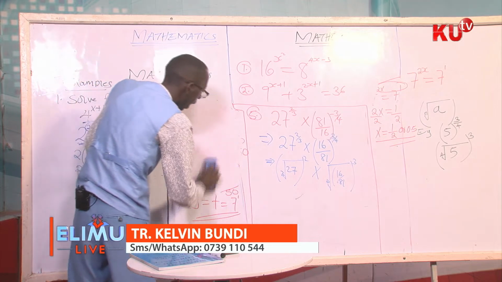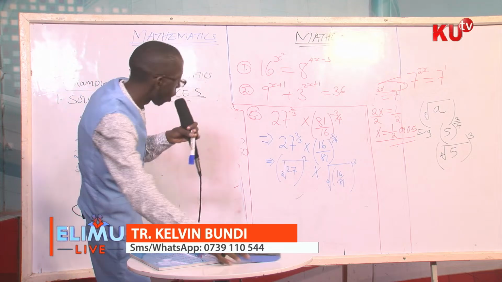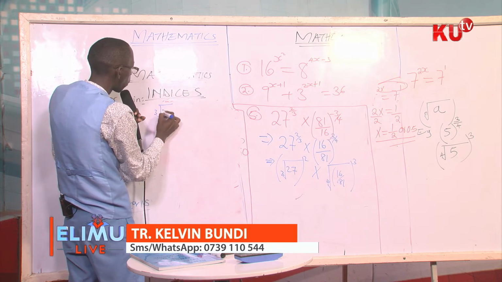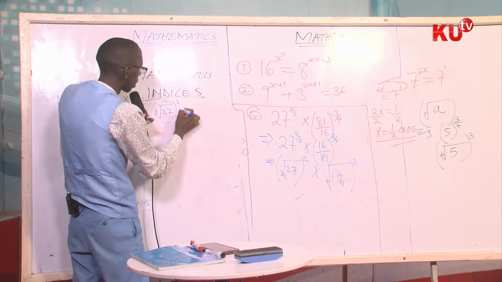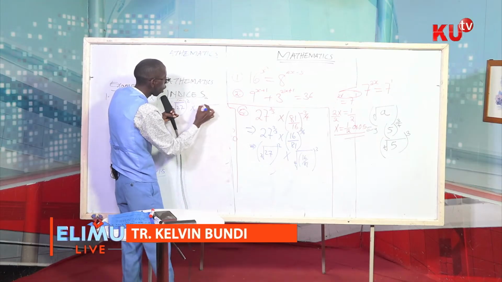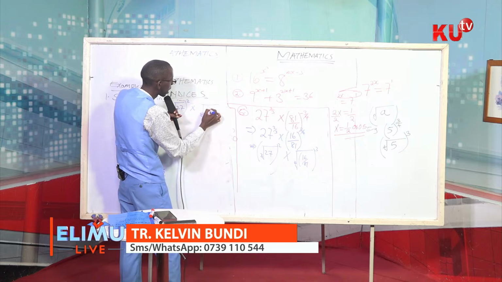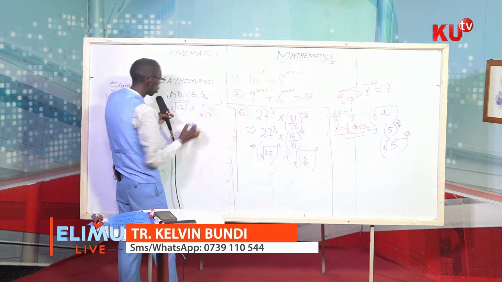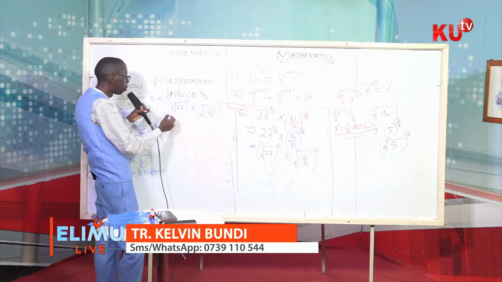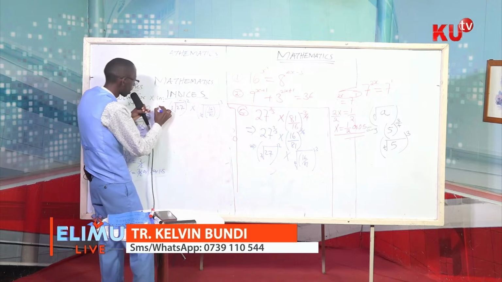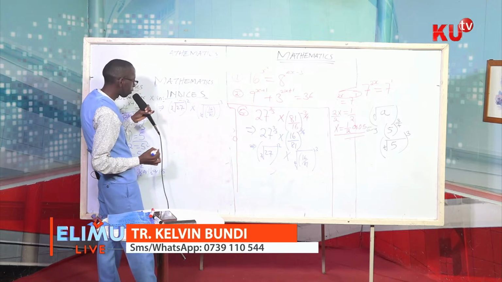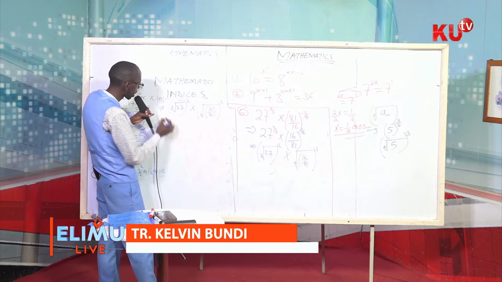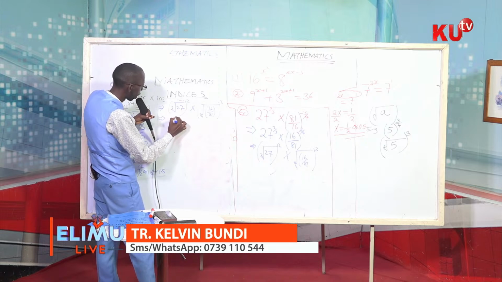Still, we continue. The cube root of 27 squared multiplied by the fourth root of 16 over 81 cubed. My dear student, what is the cube root of 27? As a master of mathematics, you'll note that the cube root of 27, even without a calculator, is 3.